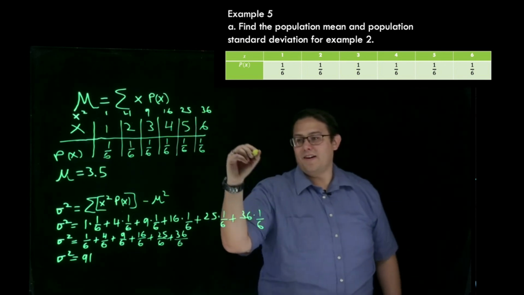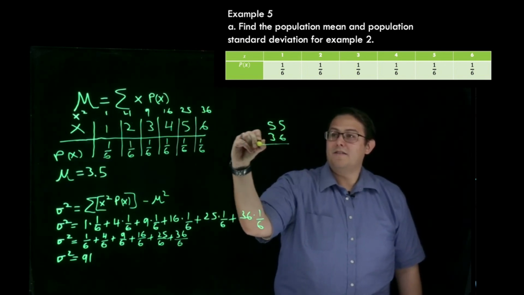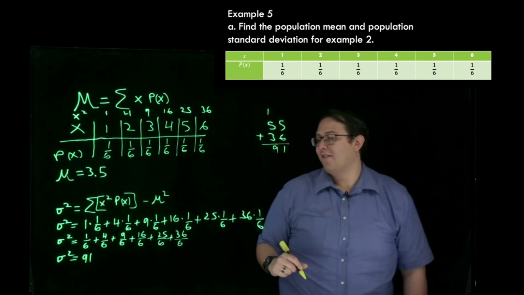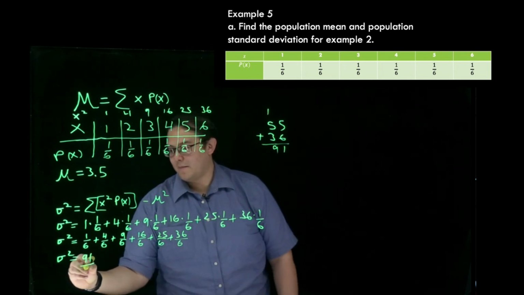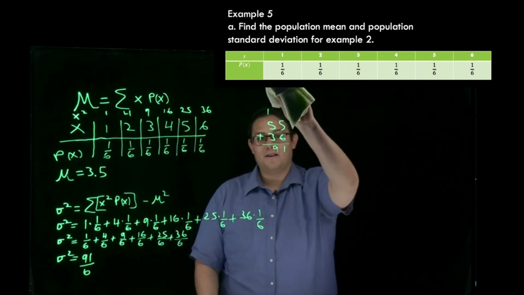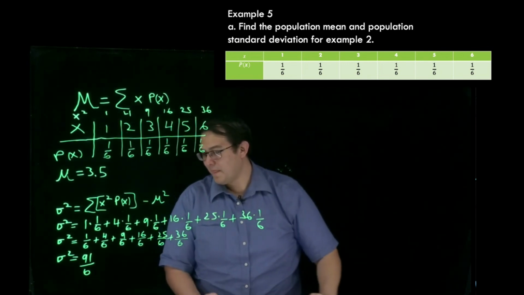Let me do it out here to make sure. 55 and 36, if you add, 11, carry the 1, 8 and 9, 91. So 91 out of 6. We don't need this part anymore, so I'm going to erase it.